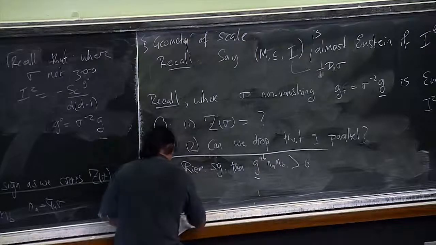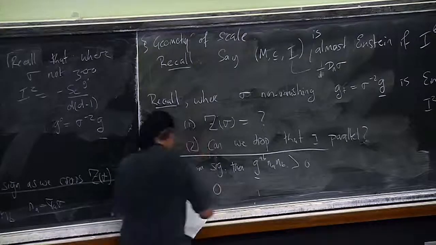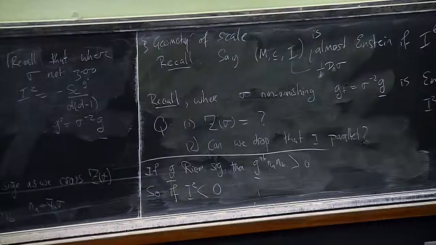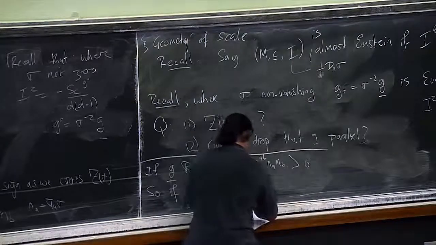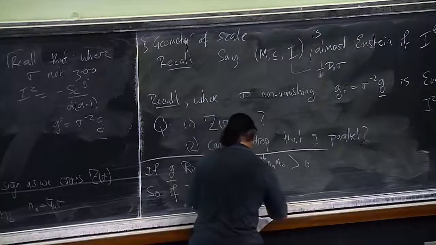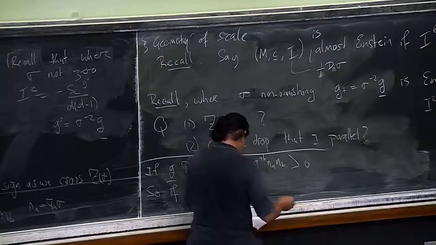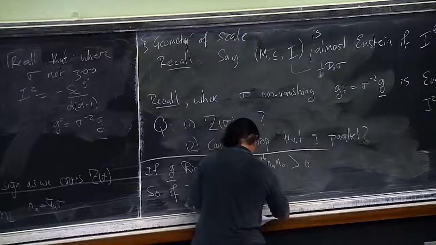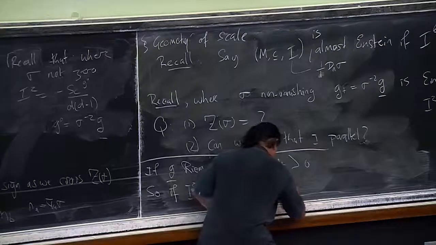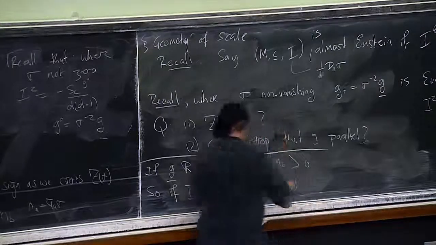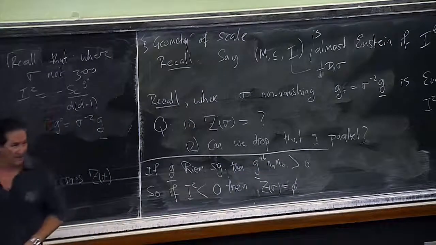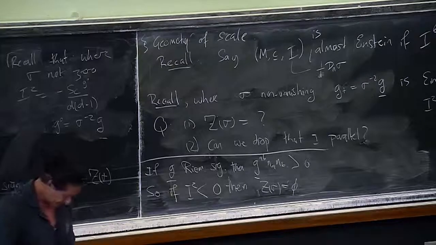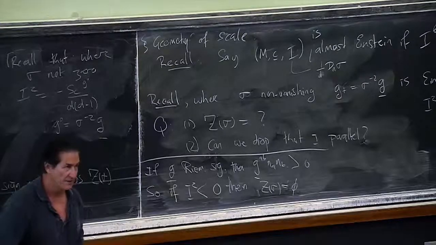So if I squared was asked to be negative, in other words, if the scalar curvature is positive where it's defined, then there can be no 0 locus, because I squared equals that along the 0 locus. One is positive and one is negative. Any questions?